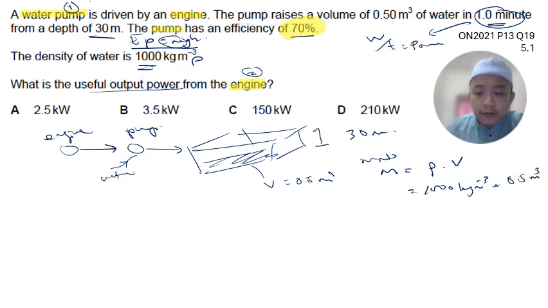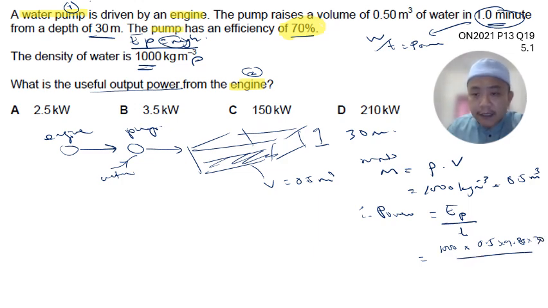All right. So therefore, we can find out the amount of power that the water pump uses in order to raise that amount of volume of water, which is basically gravitational potential energy per unit time. So this one would be 1000 times 0.5, which is our mass, times 9.81 times the height, which is just 30 meters.